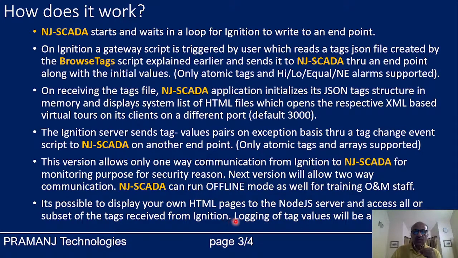However, in this version we don't have the facility to log the tag values, but in future we'll provide support for MongoDB or InfluxDB, or a simple file-based facility to historize all the tag values. So yeah, I think these are the features, and this is how NJ-SCADA works.